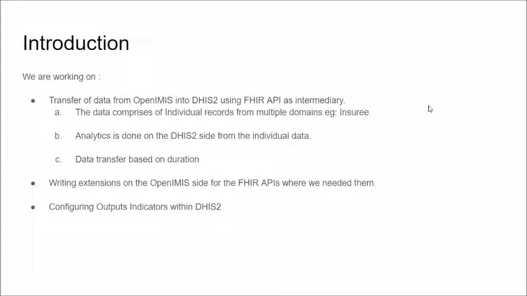The way that we have set that up is that we are taking individual records from each of the domains, for example, insurance, claims, insurance policy, and from each of these individual records, we are calculating some indicators that can be shown as an analysis output. The work that we have done is in three components: the transfer, and the writing of the extensions, which Kamil briefly touched upon.